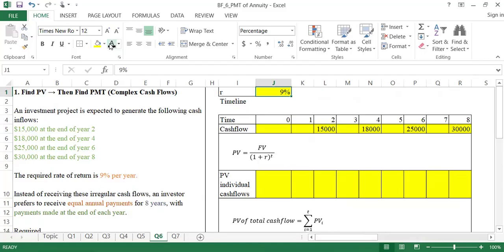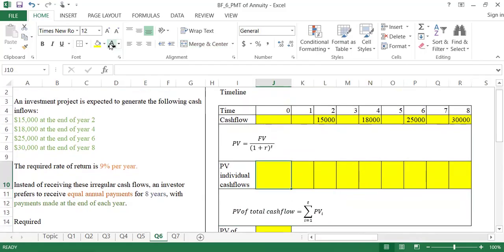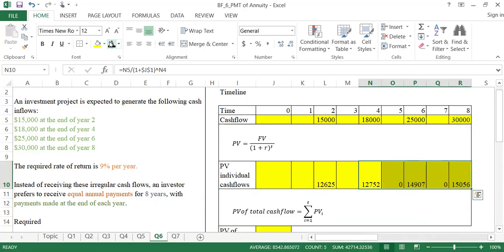So 15,000 divided by 1 plus 9% power 2 will give me the present value of the cash flow, and the present value will always be at period 0, not period 2. Same for 18,000 divided by 1 plus 9% power 4. And repeat this for the rest, and we would get the present value of the individual cash flows.